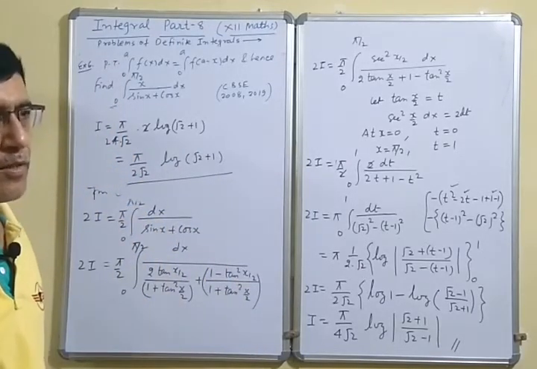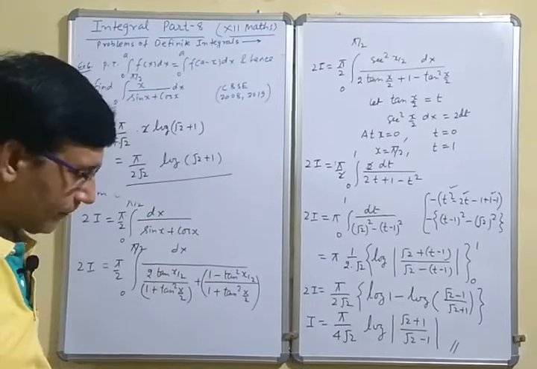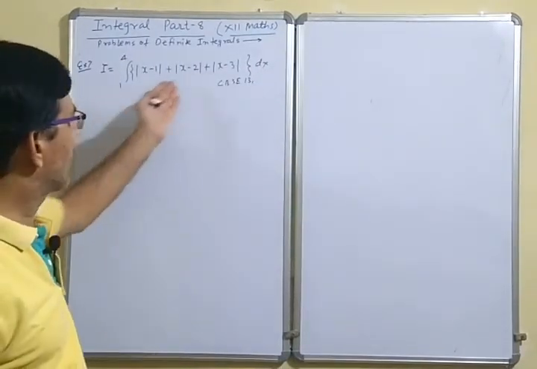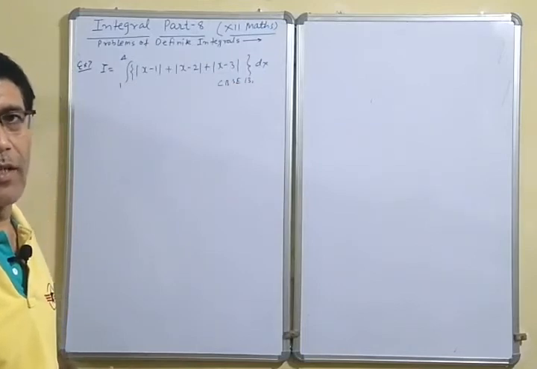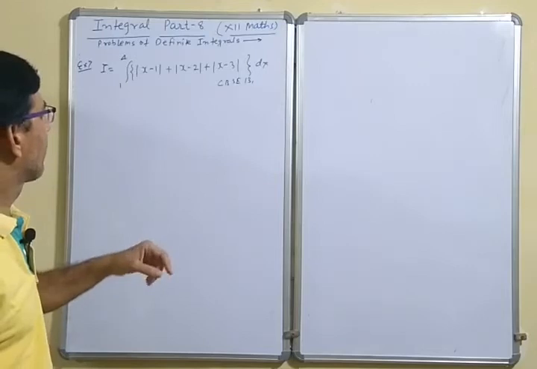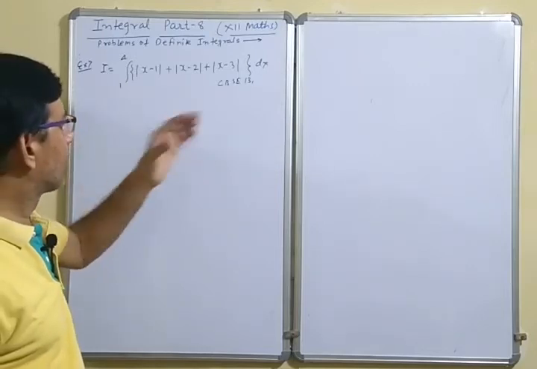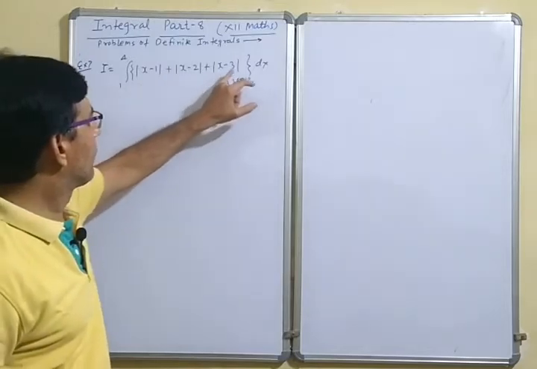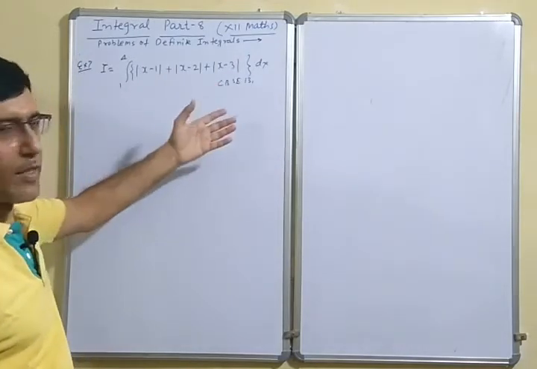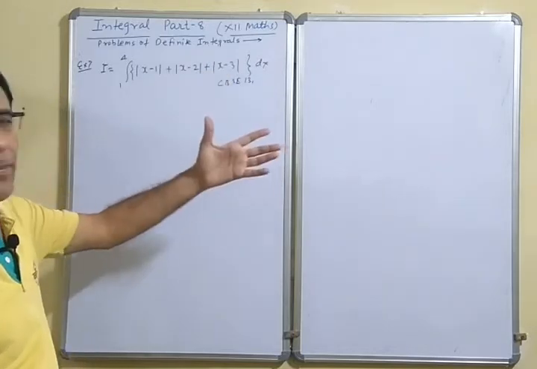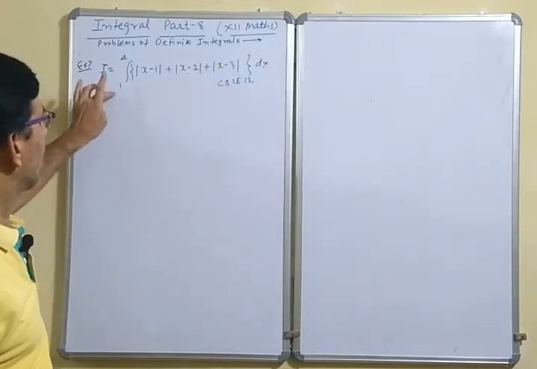Now we will proceed to the next example. Actually this type of example is very important. Almost every year such questions are asked. Only the change is in the limits: in 2019 it was 1, 2, 4; in 2016 it was 2, 3, 4; and in 2015 the limit was 1 to 5.